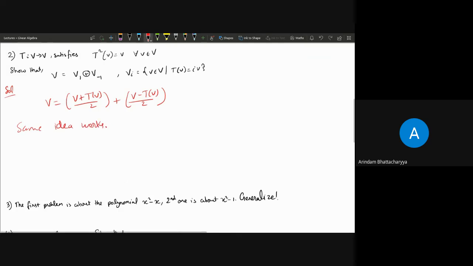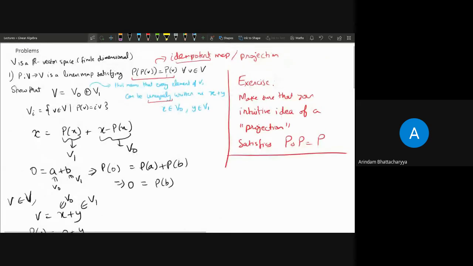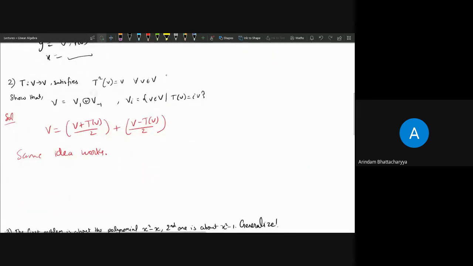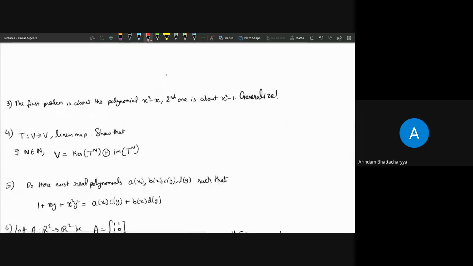Now, if you notice, this kind of looks like the polynomial x squared minus x, and this looks like the polynomial x squared minus 1, right?